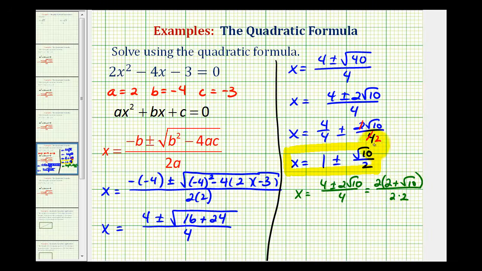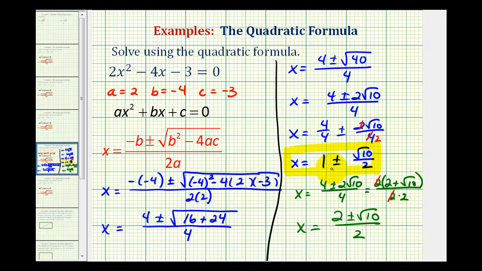In this form, we can simplify this 2 over this 2, so we could also express the solution in simplest form as x equals 2 plus or minus square root 10 all over 2.